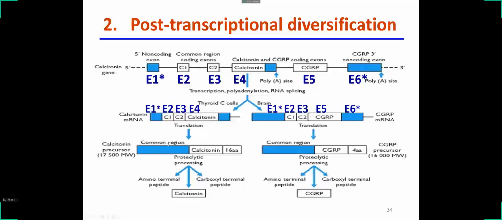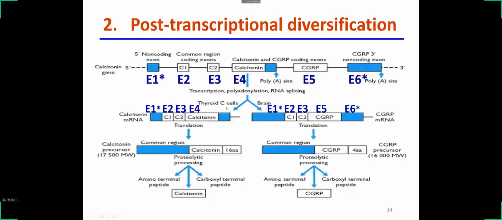So you'll get a common region, a calcitonin precursor, pre-pro hormone, calcitonin, and then a small tail at the end. Proteolytic cleaving with a variety of peptidases then provides an amino terminal peptide, a carboxy terminal peptide, and your final mature calcitonin.